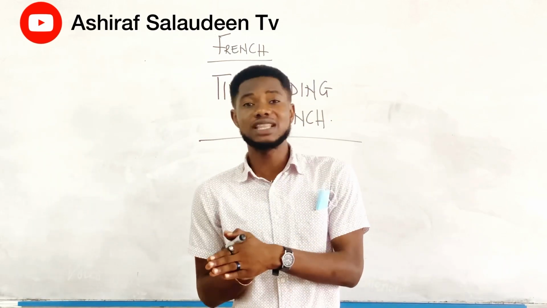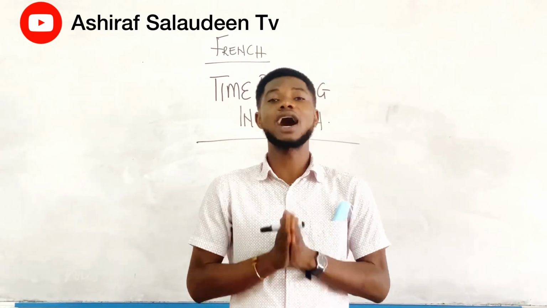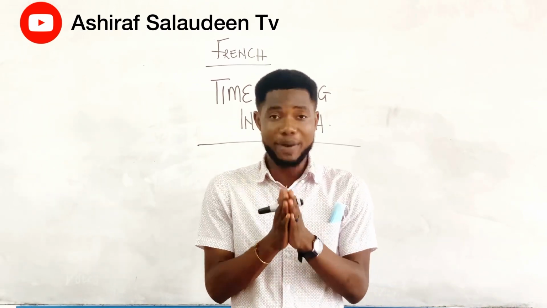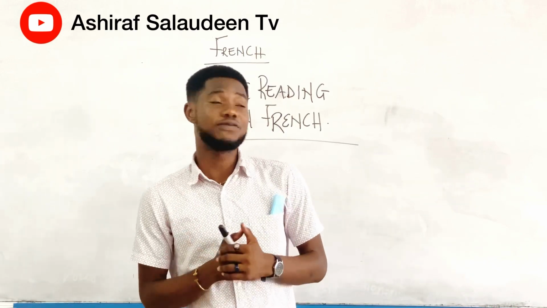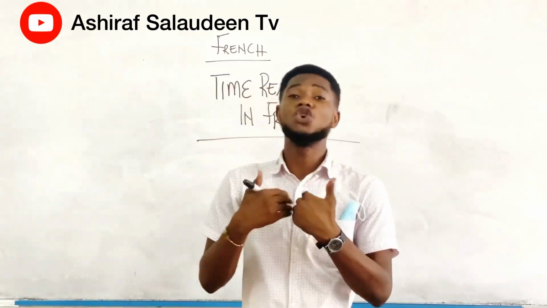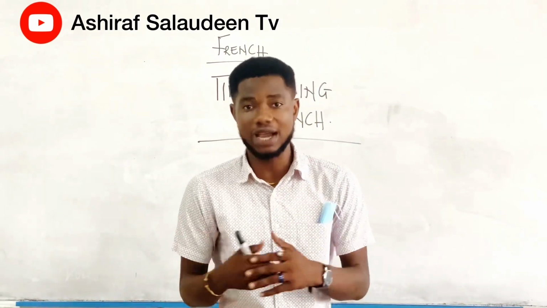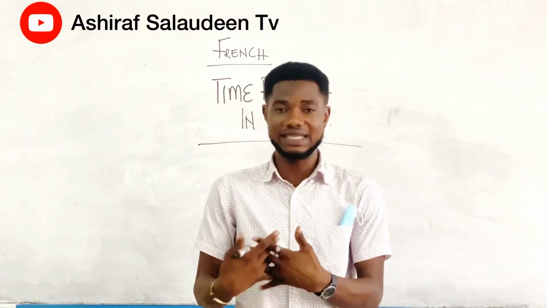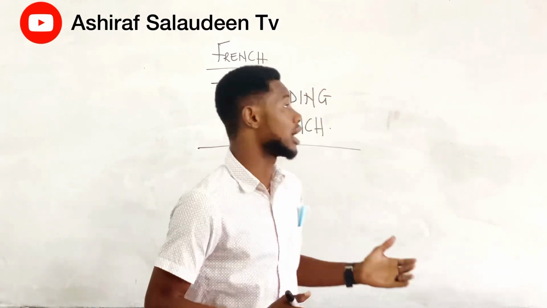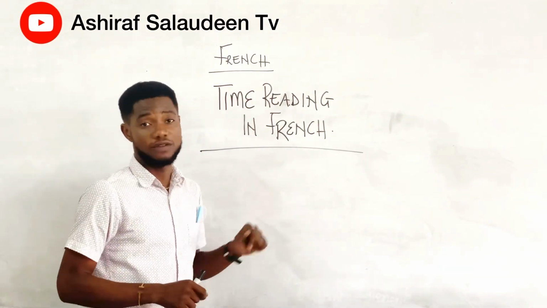In our previous lecture, I treated how to tell the numbers in French from 1 to 60. I suppose that if you are watching this video today, you have already watched the previous lecture, and so we can move on to reading time in French.